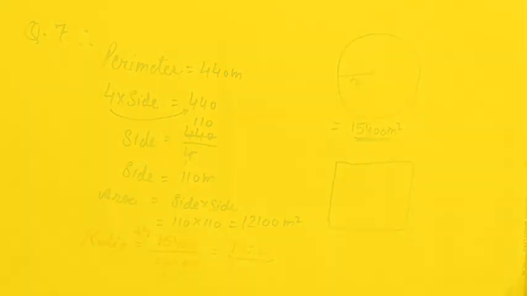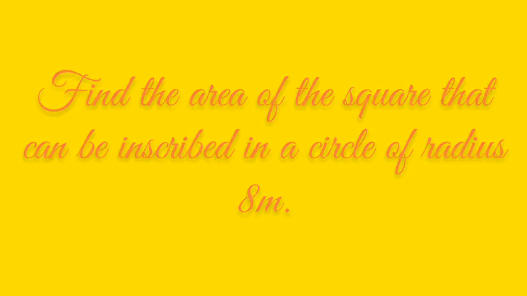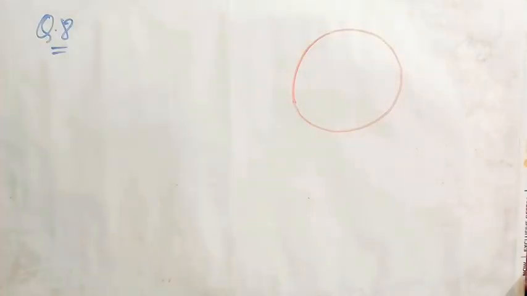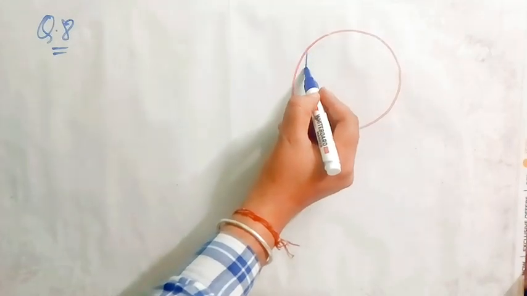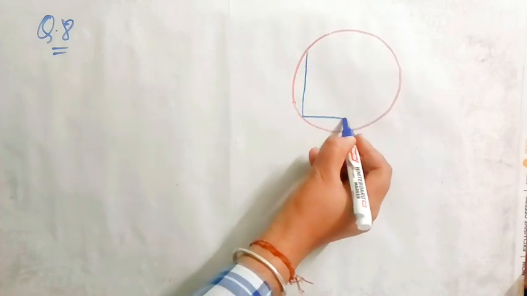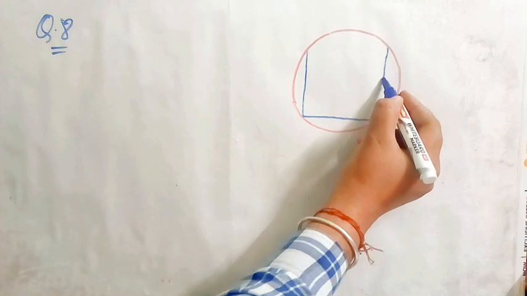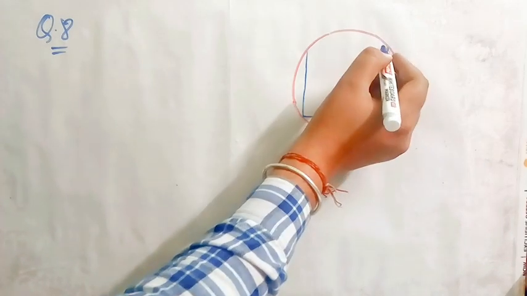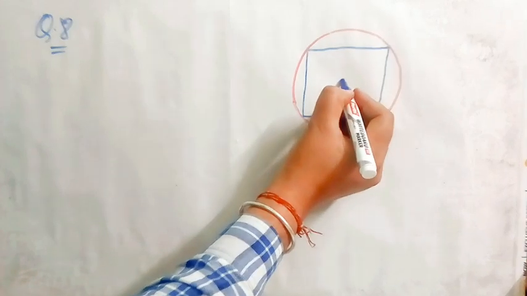The next one is, find the area of a square that can be inscribed in a circle of radius 8 meter. In this question, we are given a circle and a square is inscribed in it. Means all the corners of the square are touching the circumference of the circle, touching the boundary of the circle.